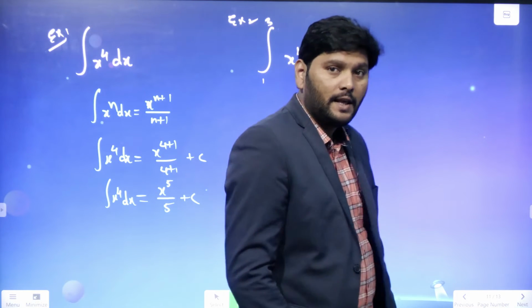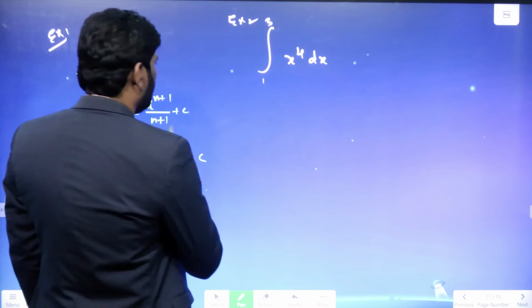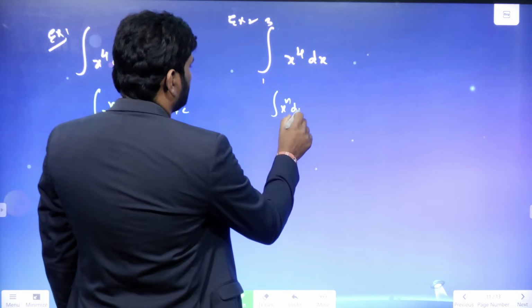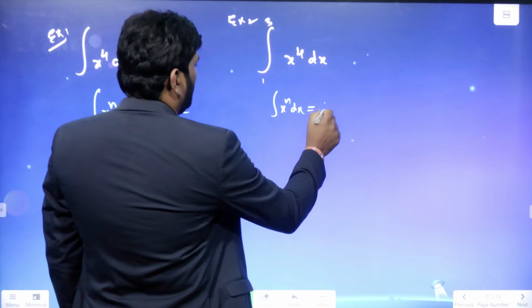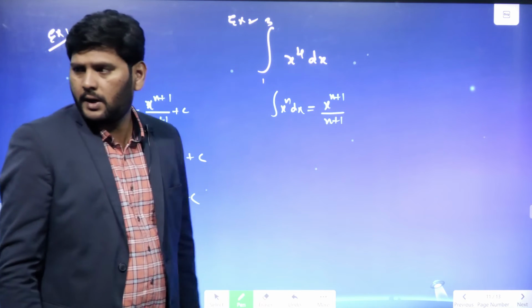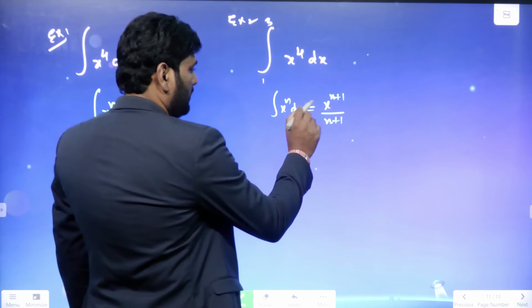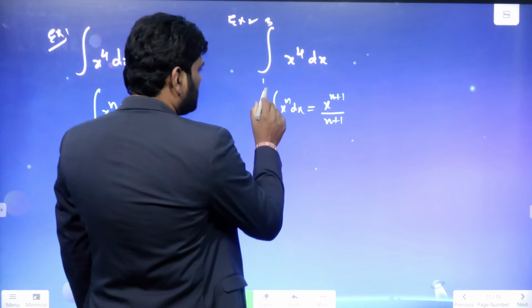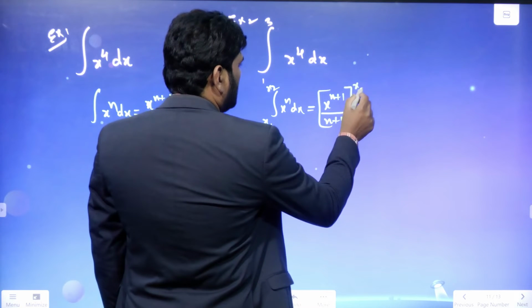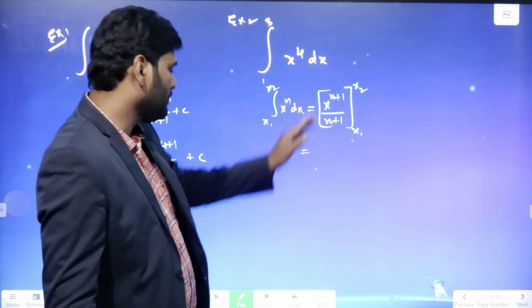Here also you must use the same formula: integral x power n dx is equal to x power n plus 1 by n plus 1, but you are taking the limits x1 to x2. After having the integration, you must apply the limits.